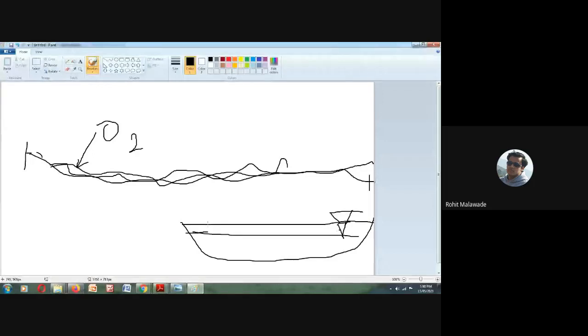Since a river is in movement, the air bubbles are created. But here, since the water is stagnant, only the upper layer will have some circulation with the atmospheric air. And here the self purification process will be less.